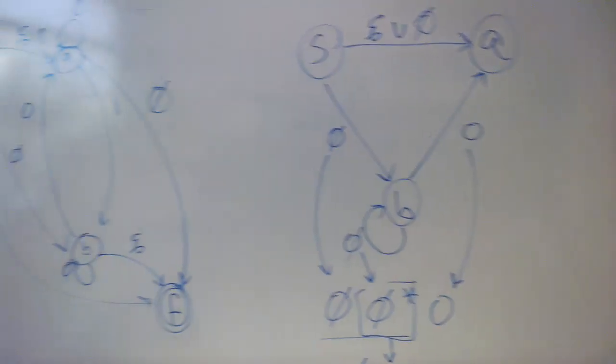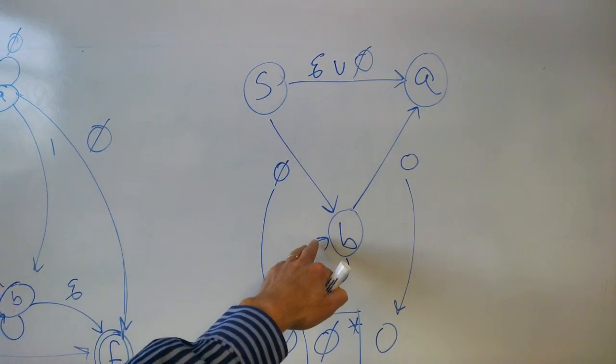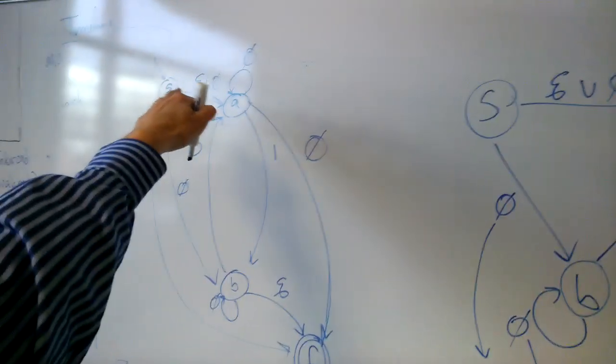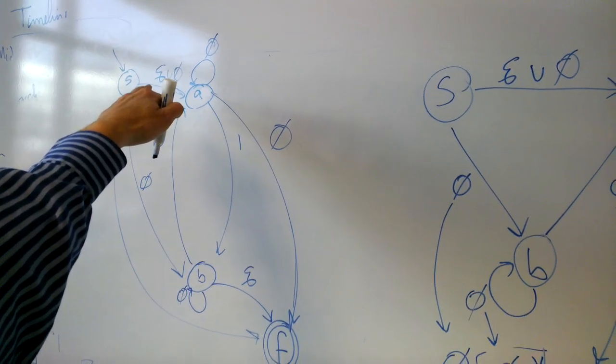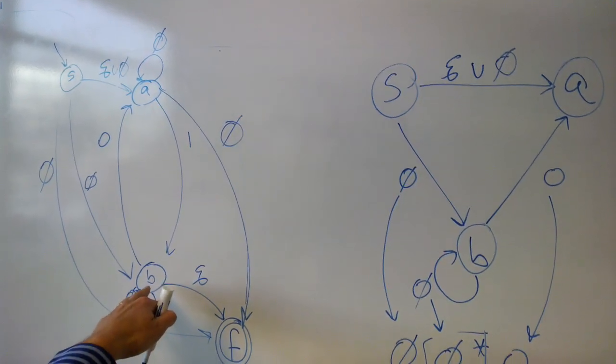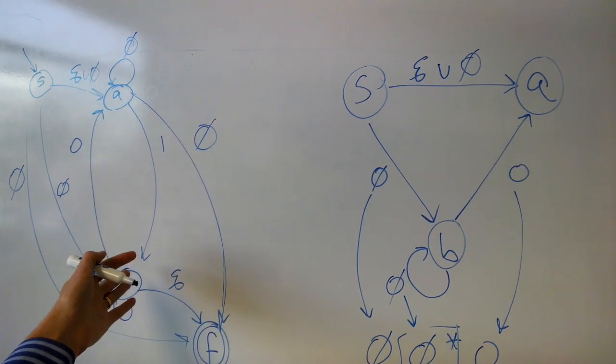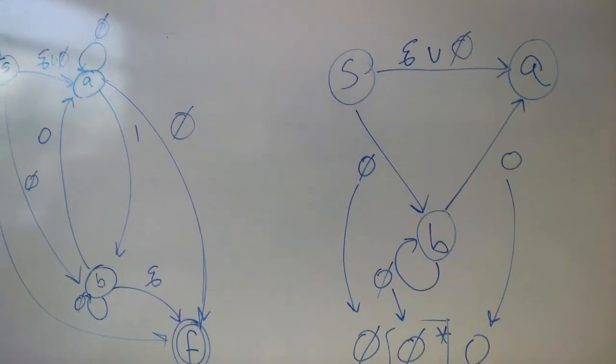So what I've done now is I've considered one of the triangles that has B as the bottom vertex and written down the regular expression that represents the behavior of that triangle when I rip B out of the automaton. I now need to do that for every other triangle that contains B. So let's take a look at another triangle that contains B.